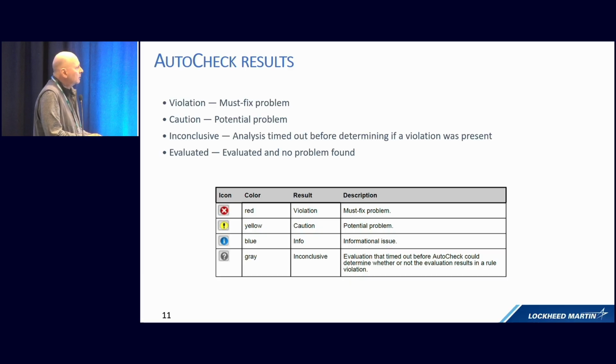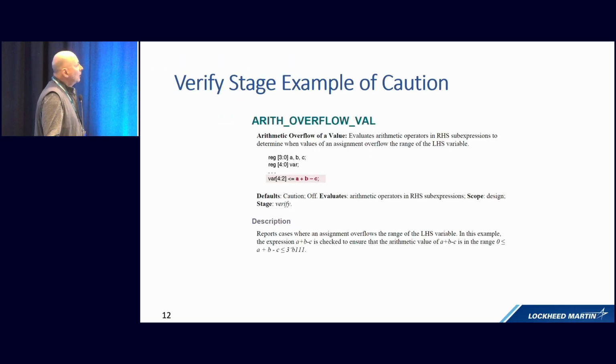So very similar to other tools, we have violations and cautions like errors and warnings. These are just some examples from the manual that can be found online or with the help when you open the GUI. The only thing I wanted to stress here is that it describes what the issue is, what the error is.